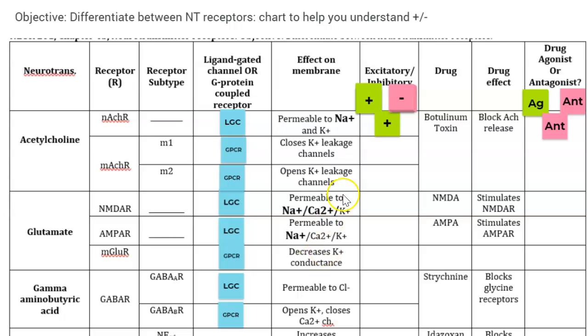All right. And for the effect on the membrane, so closing potassium leakage channels, right? Potassium leakage channels allow potassium to leave, so that's a positive leaving, but if you stop that, then you're stopping a positive leaving, so that is excitatory. And then opening potassium leakage channels, that is inhibitory.